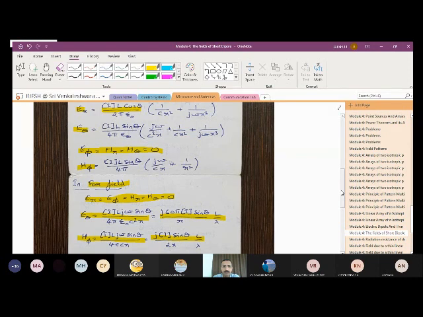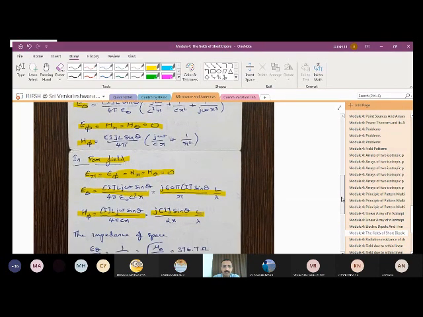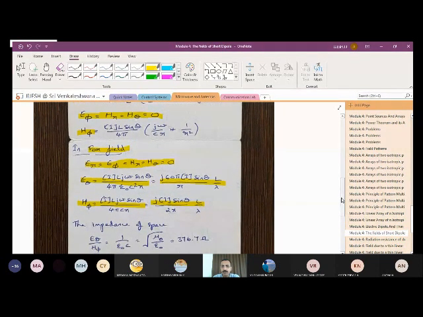So once you have completed these things, we will understand a few more things here, that is impedance of space. It is quite a known factor, that is impedance of space can be taken as E theta divided by H phi, and it can also be represented as 1 by epsilon naught C, and it is root of mu naught by epsilon naught.